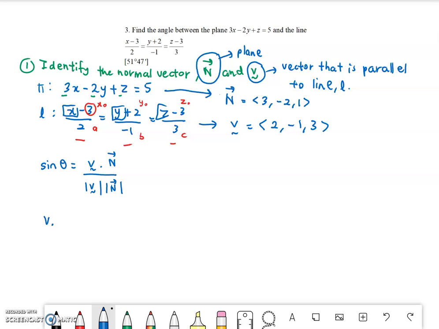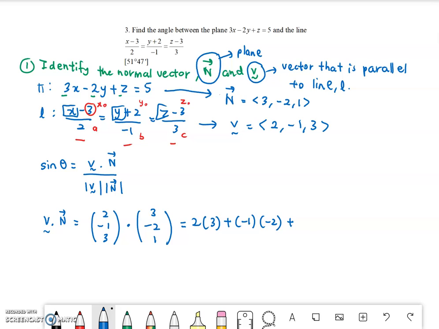So our dot product of v dot n is 2, negative 1, 3 dot 3, negative 2, 1. So we have 2 times 3 plus negative 1 times negative 2 plus 3 times 1. So we have 6 plus 2 plus 3, which equals 11.